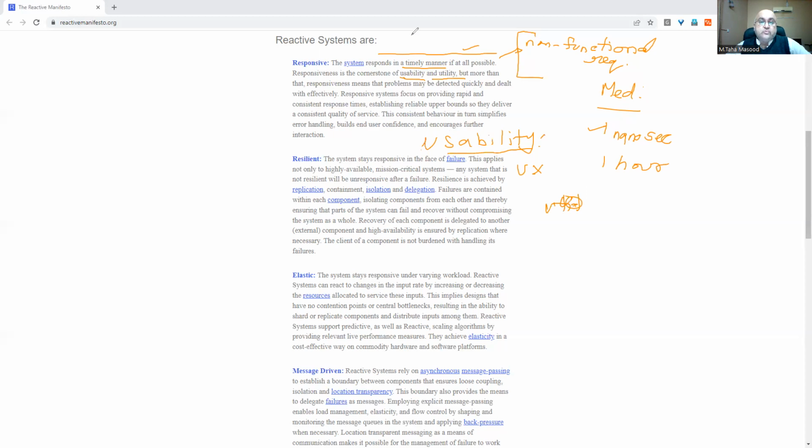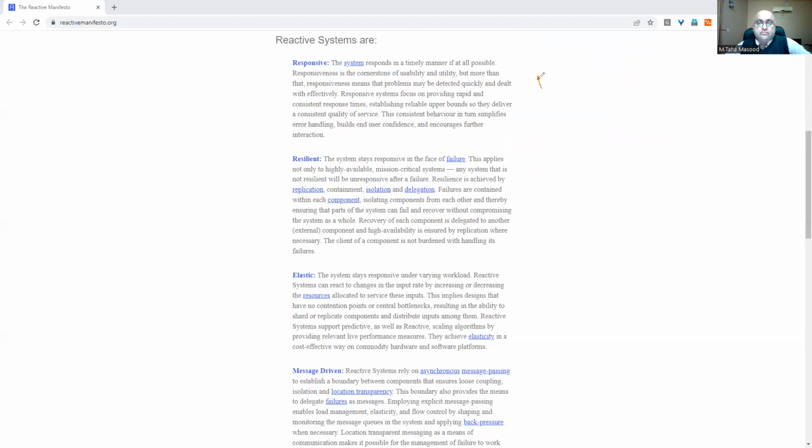Utility is the value of the software, whatever that might be. It is the reason someone chooses to use the software. And of course, responsiveness is important, right? If there's a software which is valuable to me, but it does not give me the result in the time frame that I want, then I don't value it. Likewise, the more it gives me a good user experience, right? Which is the usability aspect.